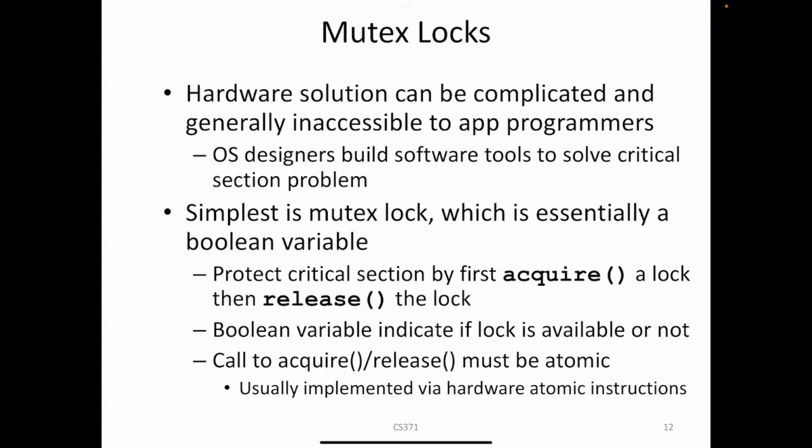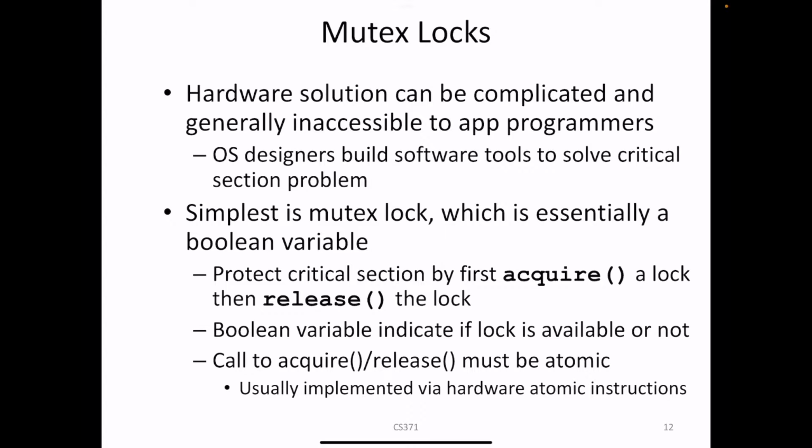So generally, it is inaccessible to application programmers, and it is very easy to understand because the operating system won't allow normal users to directly access those hardware instructions. They belong to privileged instructions that can only be executed by the kernel. Therefore, operating system designers build software tools to solve the critical section problem.